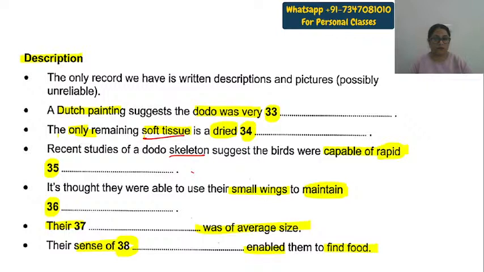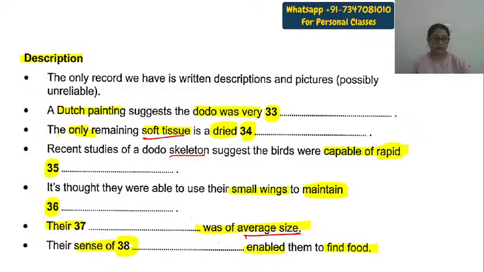It's true that the dodo's small wings wouldn't have allowed it to leave the ground, but the scientists suggest that these were probably employed for balance while going over uneven ground. Another group of scientists carried out analysis of the dodo's skull. They found that the reports of the lack of intelligence of the dodo were not borne out by their research, which suggested the bird's brain was not small, but average in size. In fact, in relation to its body size, it was similar to that of the pigeon, which is known to be a highly intelligent bird.